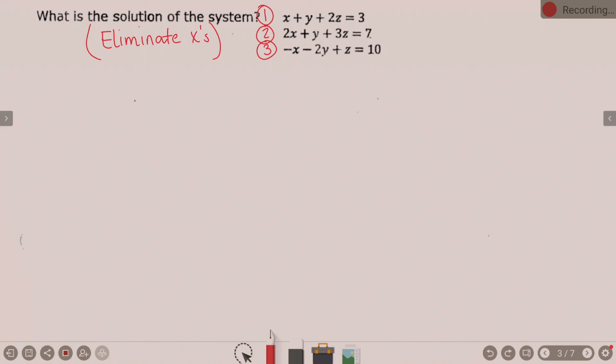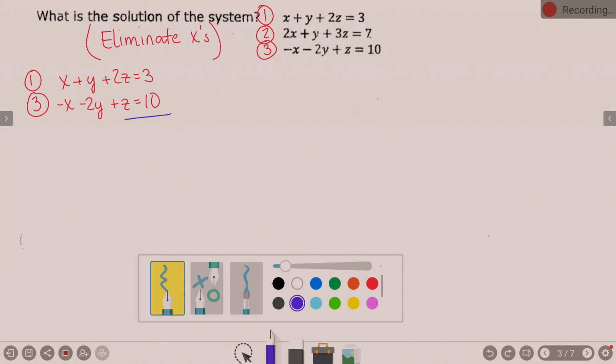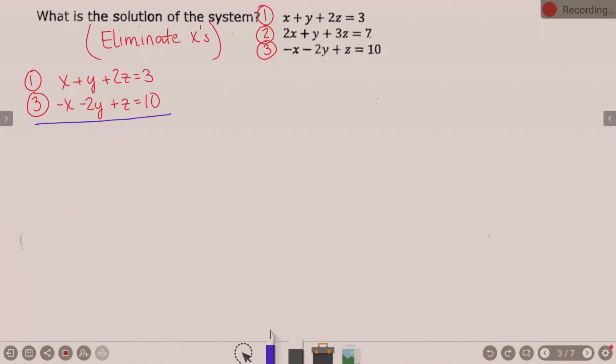So you guys want to get the easy one out of the way, right? 1 and 3. You picked x's, probably because you see an x and a negative x. There's a 2x thrown in there. We're going to have to work with it. So if I write down 1: x plus y plus 2z equals 3. And 3: negative x minus 2y plus z equals 10. The x's have opposite signs, so we're going to add.